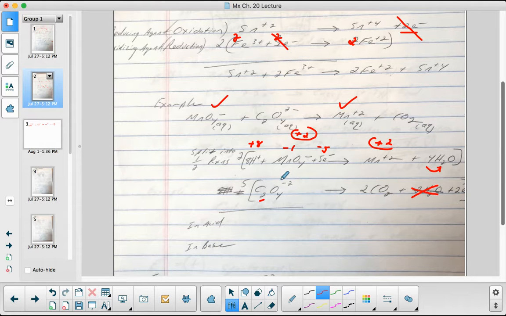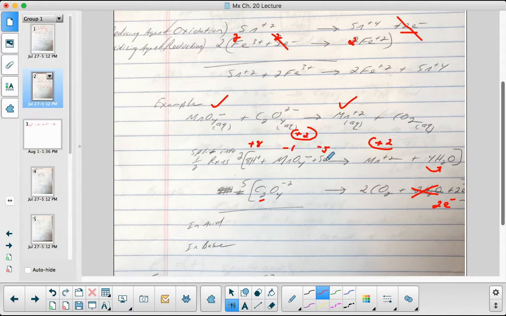Okay, so now what I do is I look at the charge and balance by charge. There's a negative 2 on this side. I have no charge on this side. So I make this side have a negative 2 because they have to balance out by charge. And the way that I got my 5 electrons here, sorry, I'm backstepping.